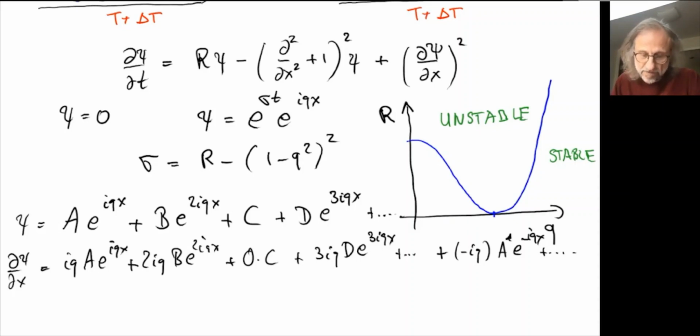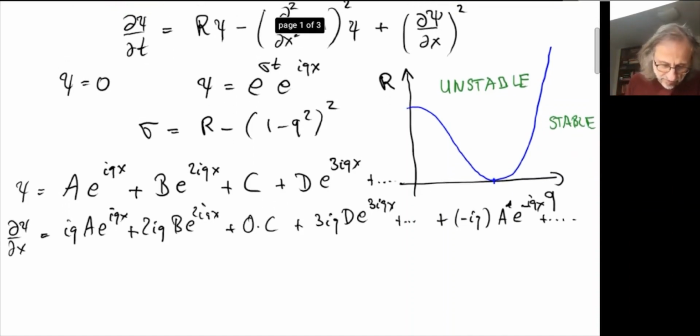Okay, so what are we going to do? We're going to plug this in, and essentially we're doing a Fourier expansion, right? So we just sort now by Fourier modes, and we start with the Fourier mode Q, and then we look at the other modes. So let's see what happens. Okay, so let me write down. So we have a mode e to the IQX. So what does that equation look like?